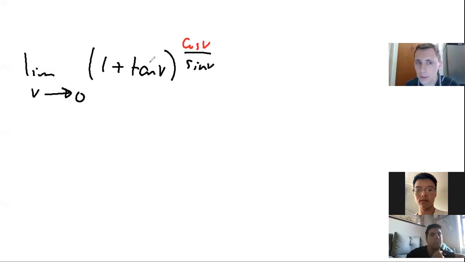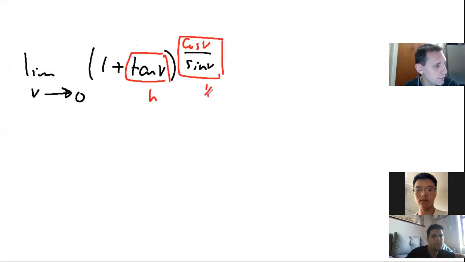Because this is 1 over tangent. If this is h, as v goes to 0, this is a small perturbation. Then this thing is 1 divided by h. You understand? So that's why I want cosine, because cosine over sine is the reciprocal of tangent.